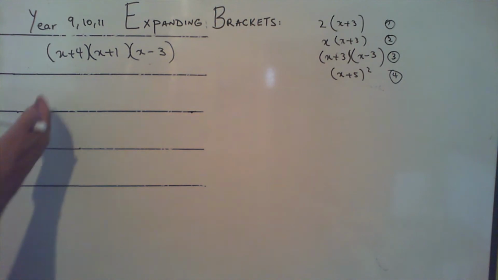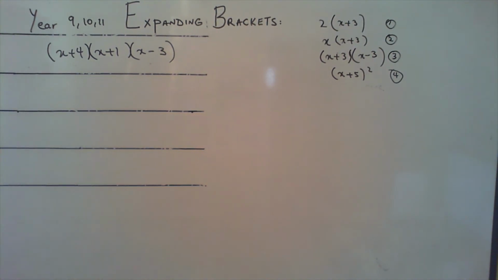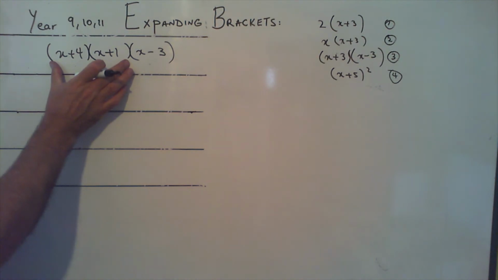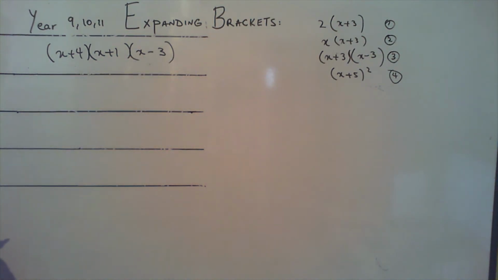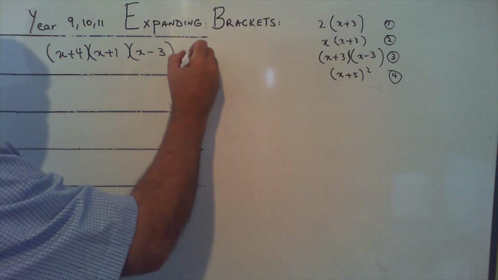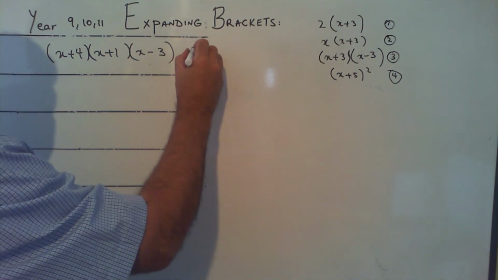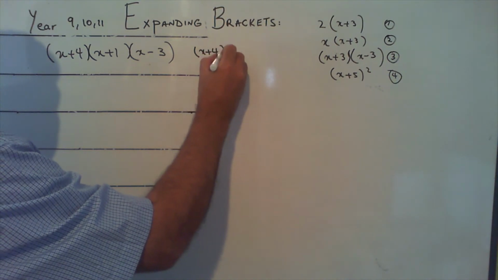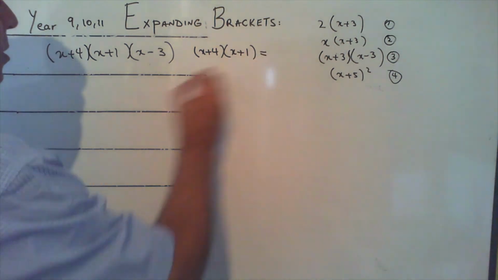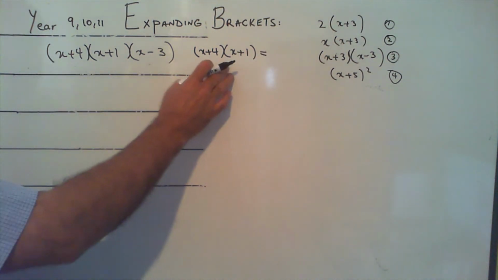When you have 3 brackets and you want to expand them, you have to first expand the first 2 brackets, and then we can multiply by the third bracket. Okay, so shall we quickly say x plus 4 times x plus 1 first, equals. So that's the expression. This is a separate expression, the first 2.